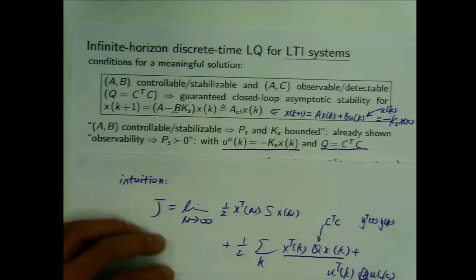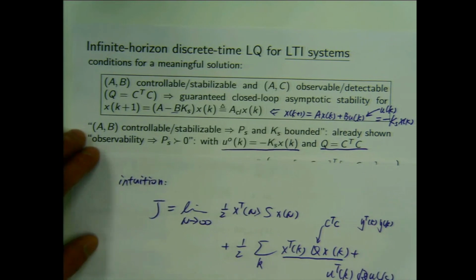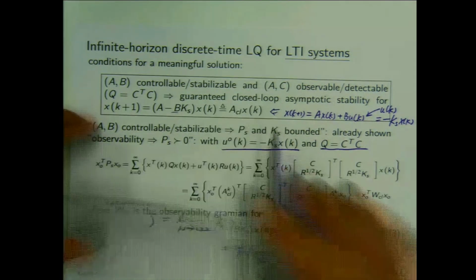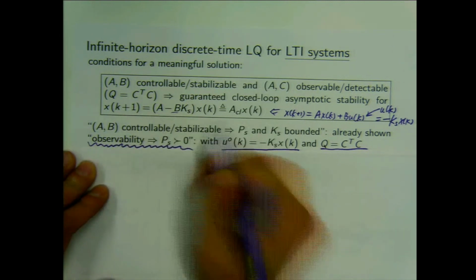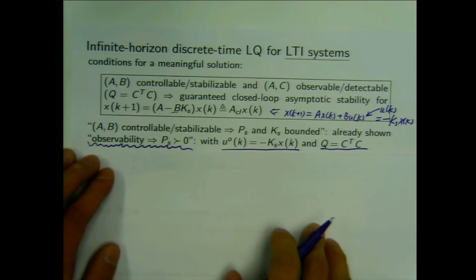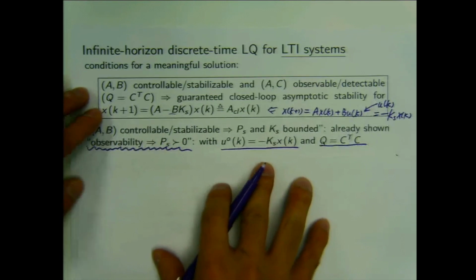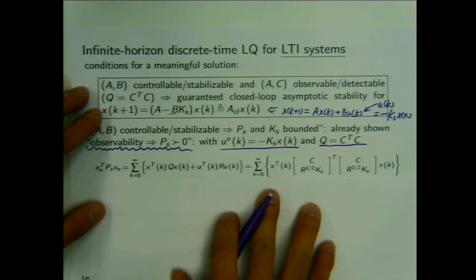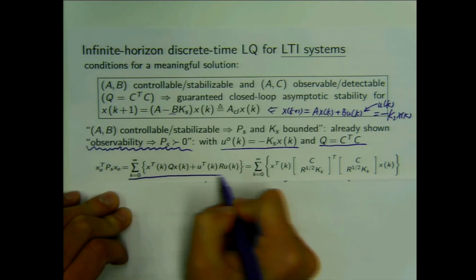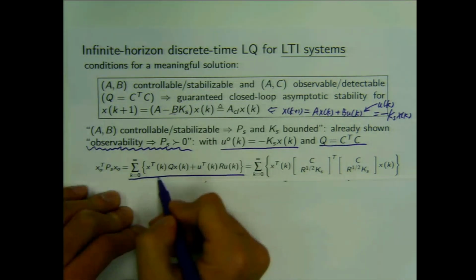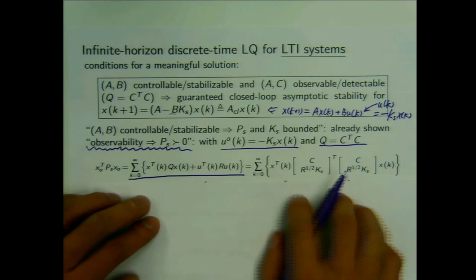We'll dig into some more details about that. The first step to show that observability implies P is positive definite is to restructure this performance index in a slightly different way.